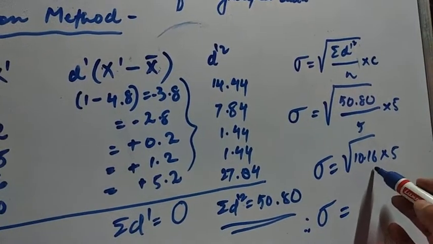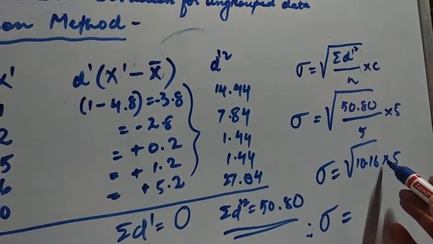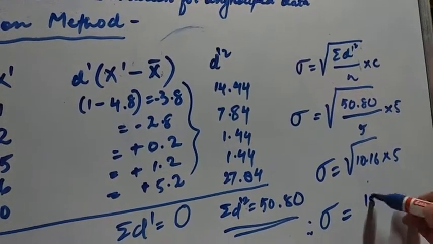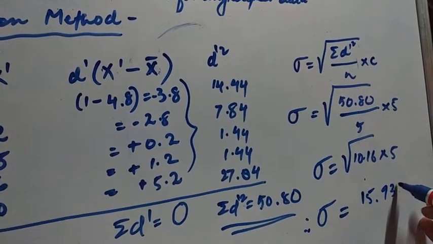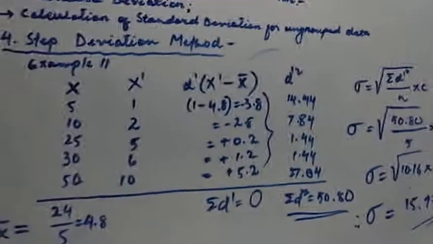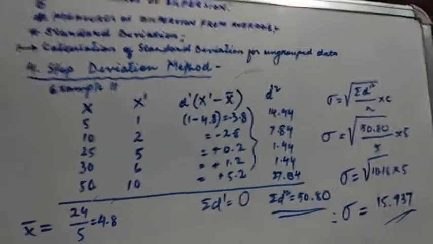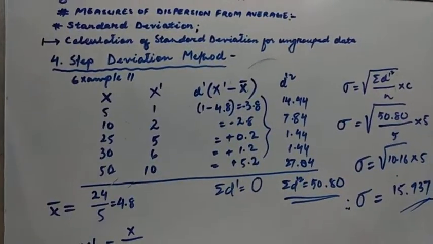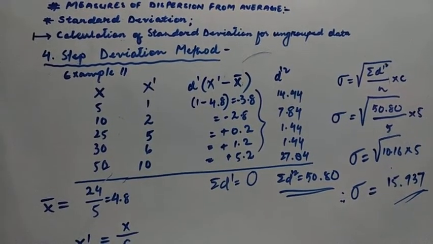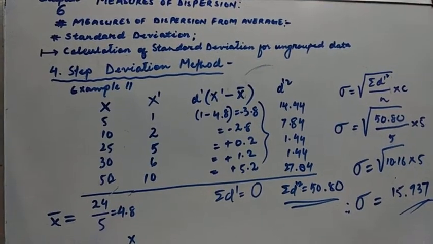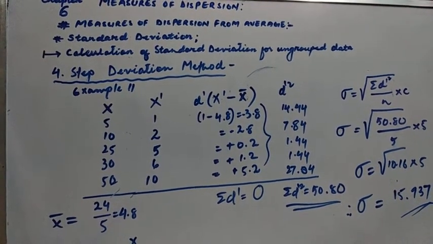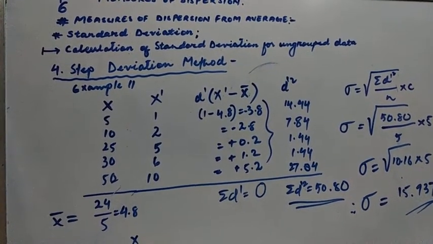Therefore, the square root of 10.16 into 5 would be again 15.937, which is the same as the previous methods that we have used. We have used different methods, but the answer we get is the same. So that is it for the standard deviation for ungrouped data.